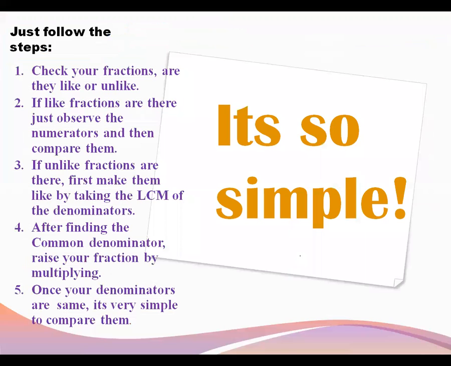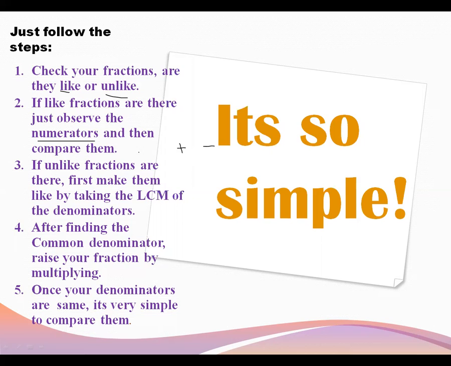Just have a quick review of what we have done today. First of all, whenever fractions come in front of you for comparison or for addition or subtraction, you have to check whether they are like or unlike. If they are like, it's very simple because you just have to observe their numerators and then compare them. Comparison means sometimes they will ask you to find out the greater or lesser, sometimes they will ask you to arrange in ascending and descending order, or sometimes they will ask you to add and subtract.